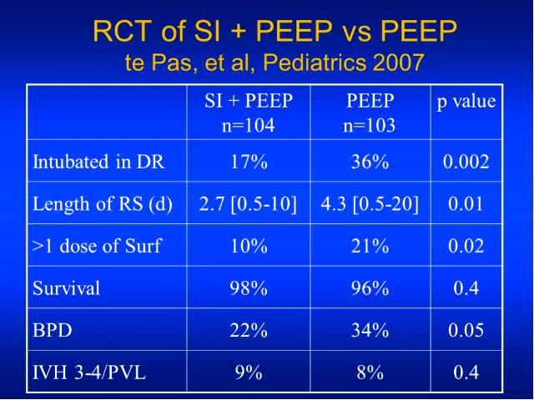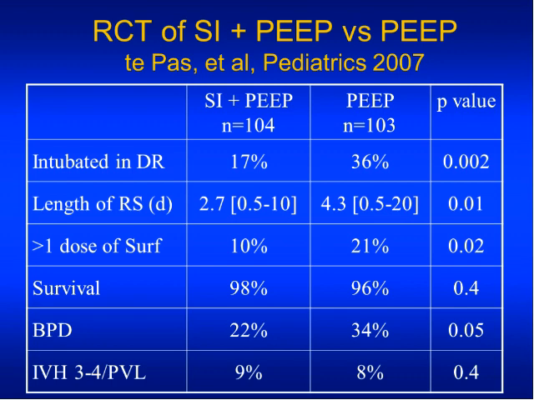This study by Ariane Tepas, published a few years back, showed that in the comparison that they made, which included some differences beyond just whether or not sustained inflation was given, clearly the group that received sustained inflation followed by PEEP had a significantly lower rate of intubation in the delivery room, required shorter duration of respiratory support, less frequently needed more than one dose of surfactant.